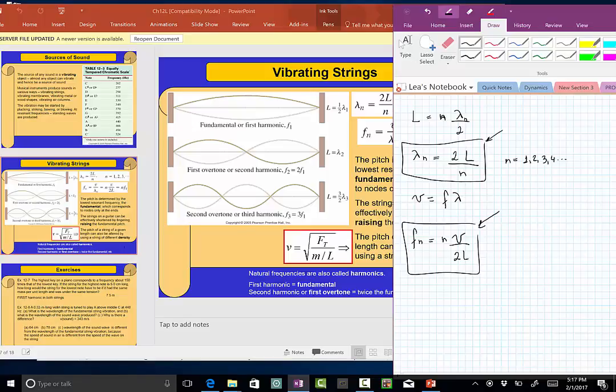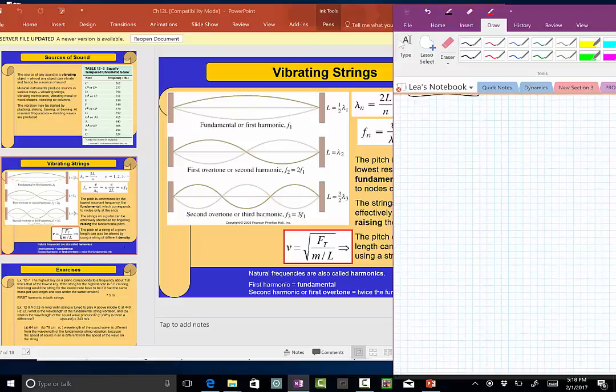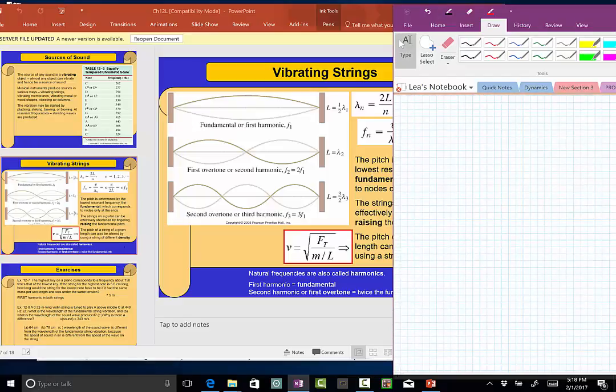Very nice. Now, there are some details about the strings of guitars and pianos that you may have noticed. One of them is the following. If you play the guitar, you do it yourself. So let's try to make a very bad drawing here of a guitar, right? Let's pick a string, one of the strings of the guitar.